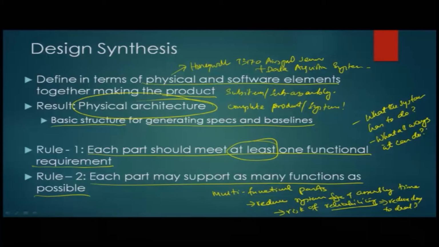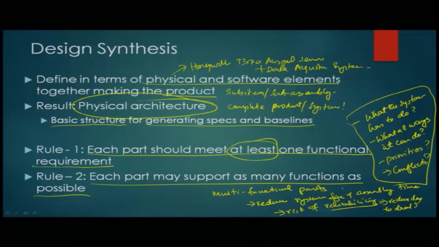And we also understand the priorities of the system, and what the conflicts and issues are that we might have with the system. These things are understood clearly by the time we are done with this complete exercise.